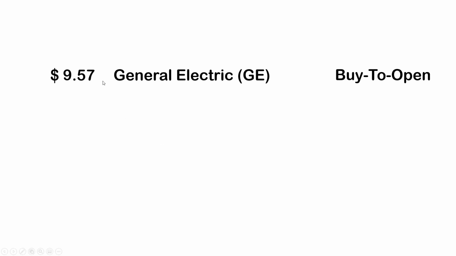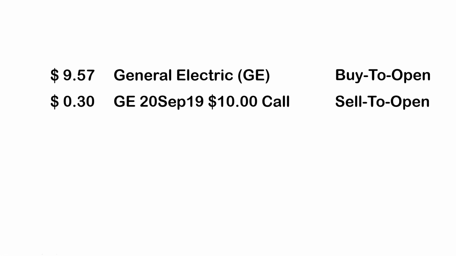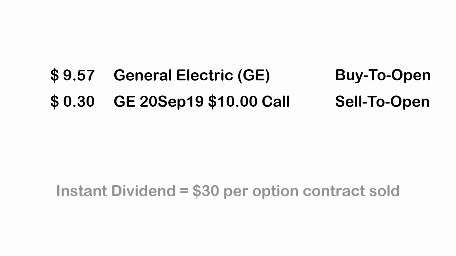If we were to have bought GE at $9.57 and then sold the GE September $10 call at 30 cents, we would get what's called an instant dividend of $30 per every option contract sold. And that's because option contracts have 100 option shares rolled into them. So it's an instant dividend.